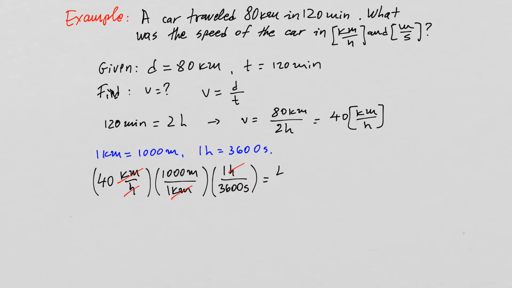And so now I have 40 times 1,000 divided by 3,600 meters per second. And this is equal to 11.1 meters per second.